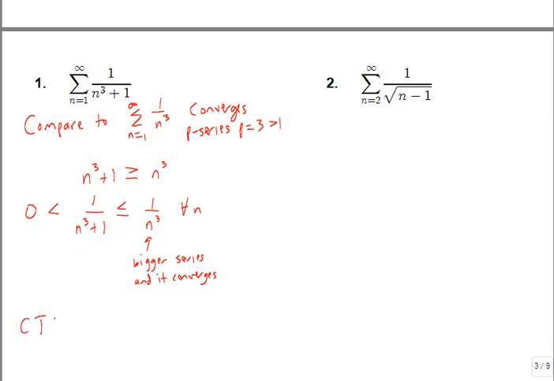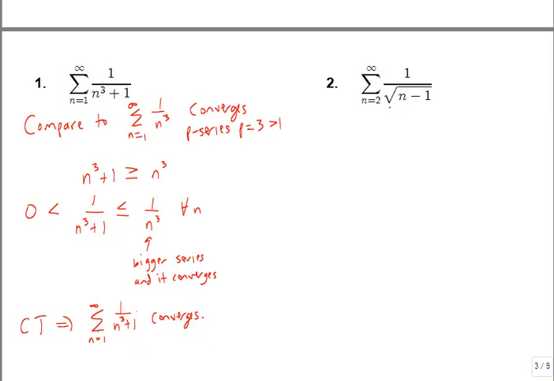So the comparison test tells us then that the sum of 1 over n cubed plus 1 must converge as well. So really all you're showing for this comparison test is this inequality, that you either have the smaller or the larger series, and that series that you're comparing it to either converges or diverges.